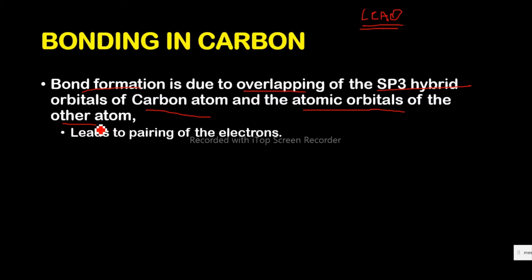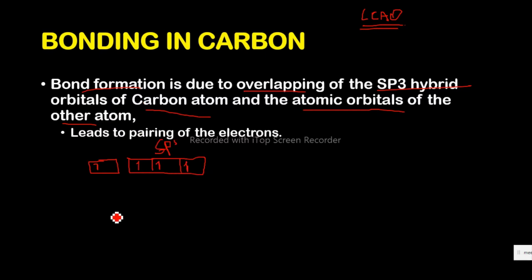So let me repeat: you have the 2s orbital with one electron, and the other has been promoted to the 2p. So all orbitals have basically one electron. Now these are the new sp3 hybrid orbitals.